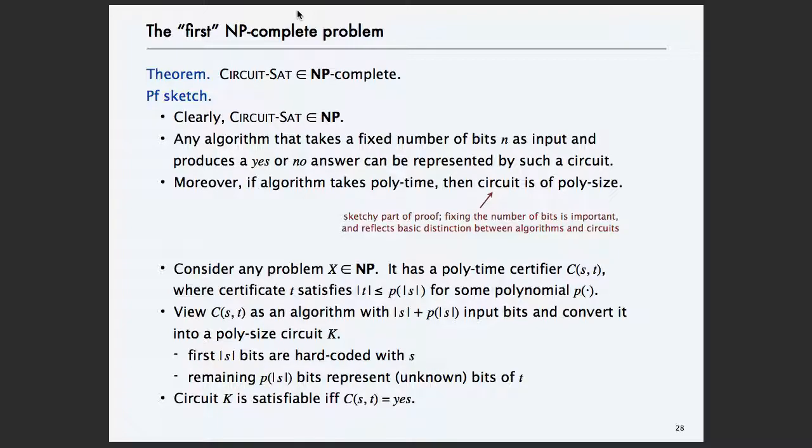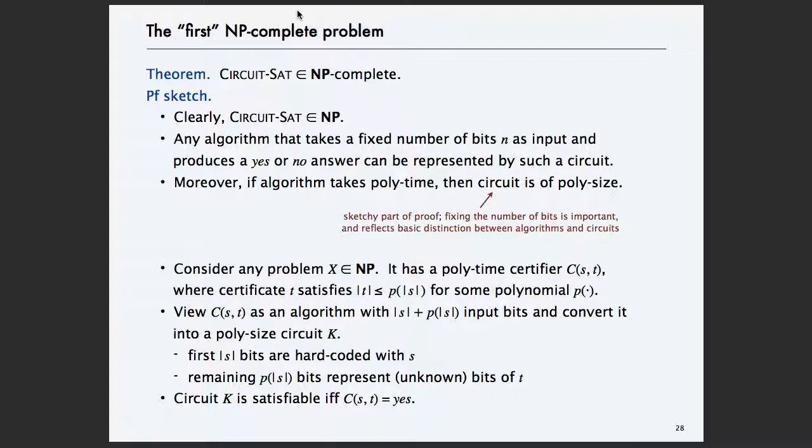And it takes the string that describes the problem and the witness, and the size of the witness has to be a polynomial function of the size of the string. And so we could also think of it as an algorithm that takes one string of size of S plus size of P.